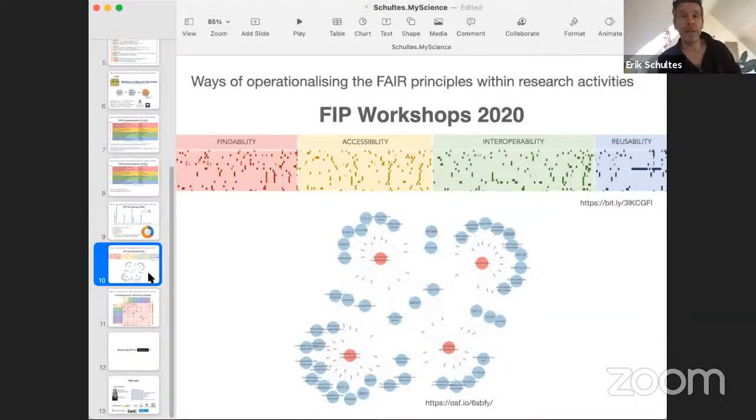And what that means is that, for example, in this bottom diagram here, the red dots are representing different communities that were independently trying to implement FAIR data and services. And they each compose a FAIR implementation profile. And what you can see is that there is already some intrinsic overlap, sometimes between two communities, sometimes even between three communities.